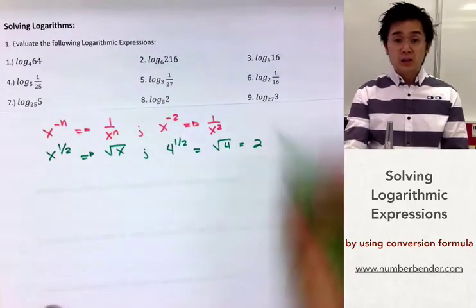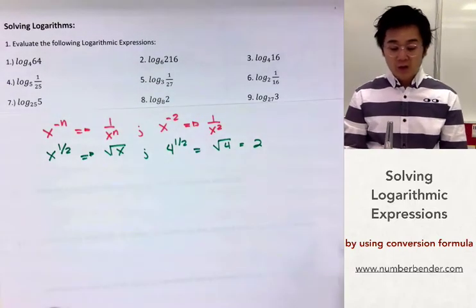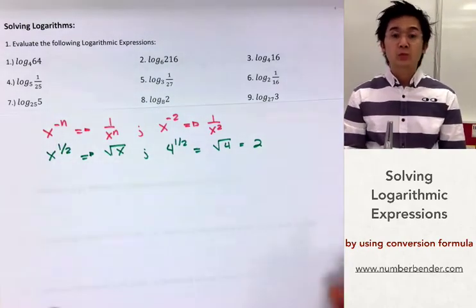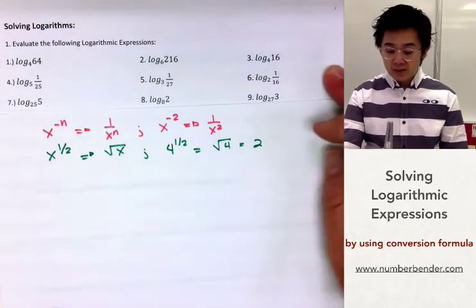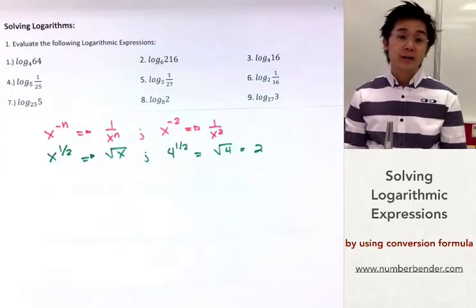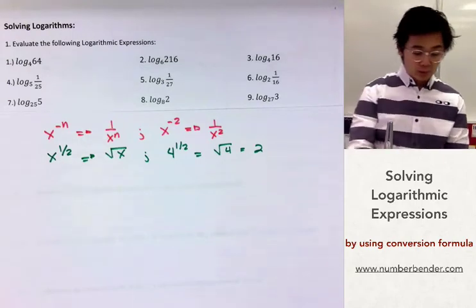This particular concept of law of exponents for negative exponents and fractional exponent is what you're going to see in some of the expressions that we're going to be solving in problems 1 through 9. So let's start with problem number 1.